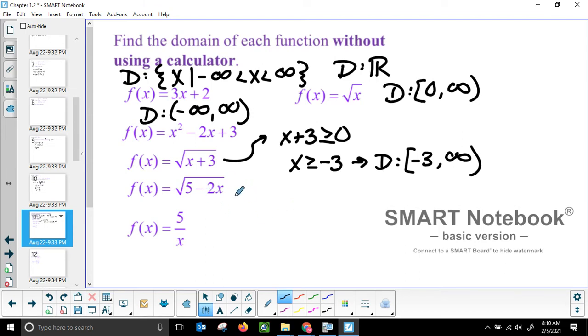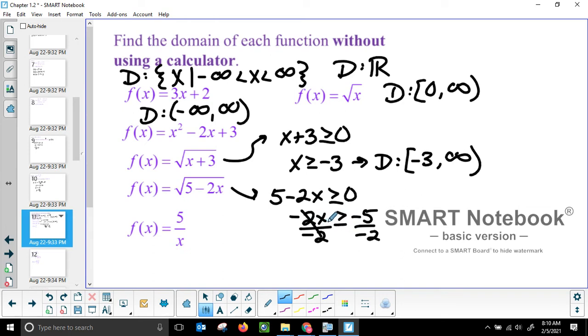We can do the same thing here. I have 5 minus 2x. Again, that's under a square root, so I can just say that has to be greater than or equal to 0. Solve it like a normal inequality. So now I'll divide both sides by negative 2. We do have to be careful when we're dealing with inequalities.